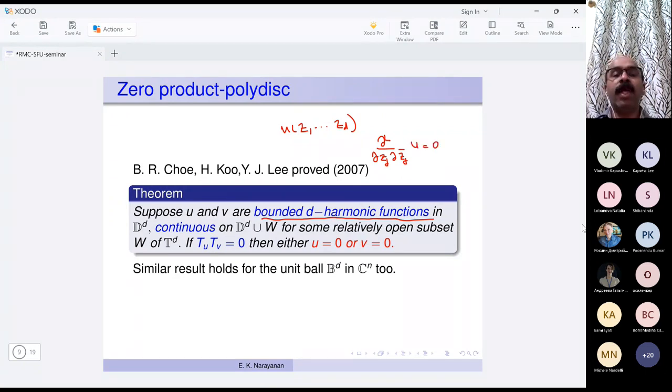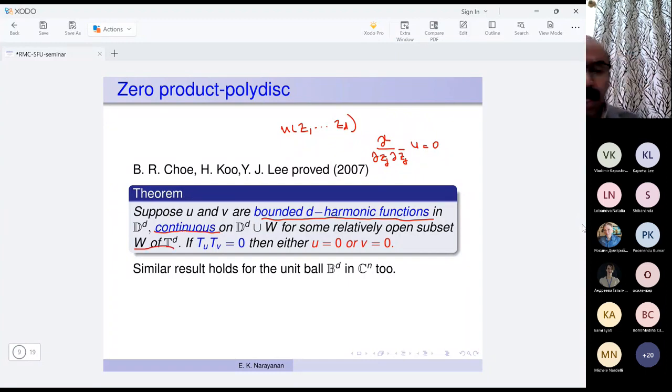Okay, so if U and V are bounded d-harmonic functions in the polydisk, and there is an extra condition. So this was not there in the case of Ahern and Cuckovic. Once we come to higher dimensions, there are more conditions required. It is continuous on D^d union W for some relatively open subset W of the distinguished boundary, right?